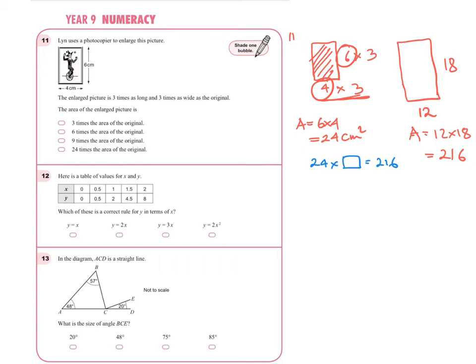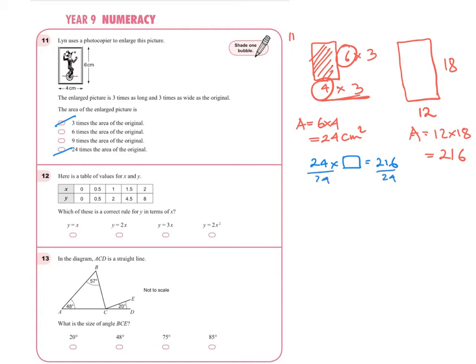There are 2 ways of doing it. You can try every single number here to substitute. Times 3, nope, it's not going to be that one. Times 24, no, it's too big. So it could be 6 or 9, depending on how you want to do it. The other way of doing it is just dividing both sides by 24.